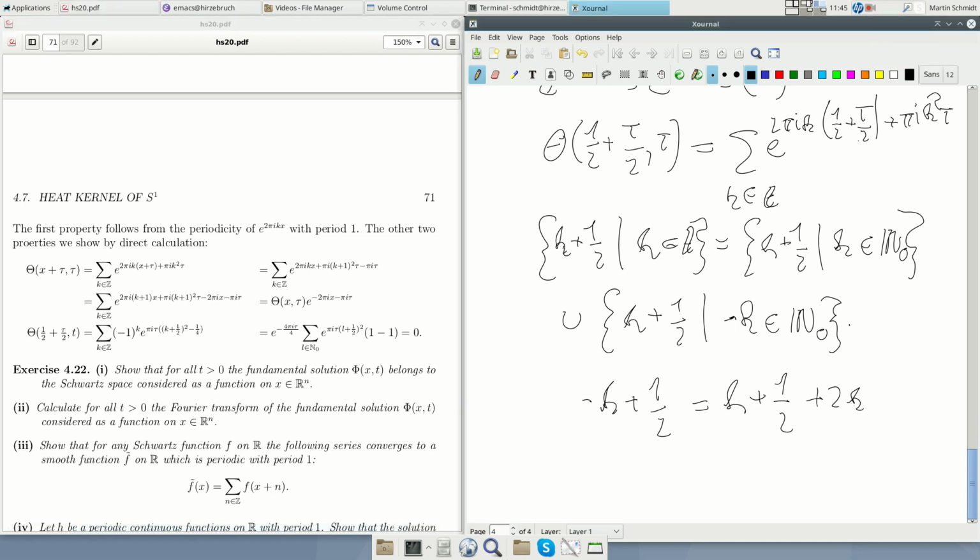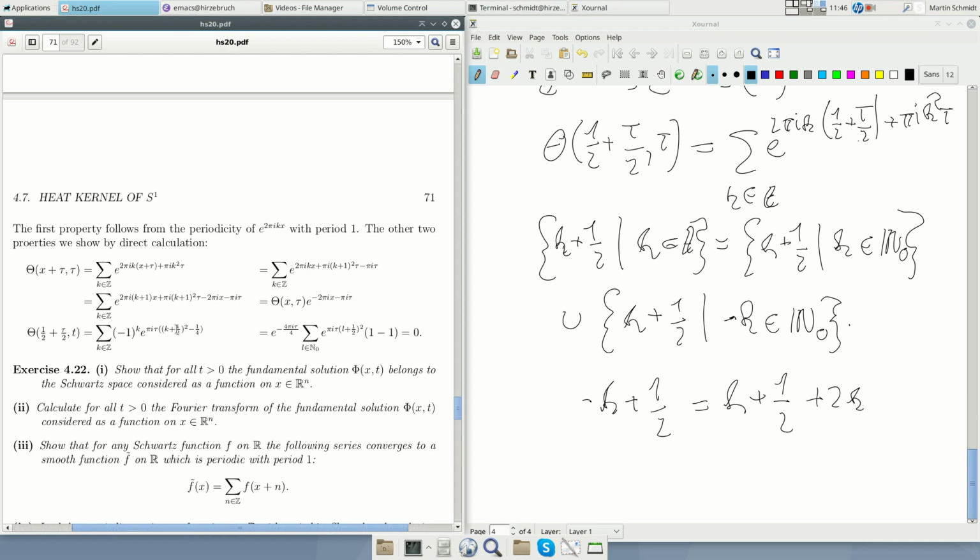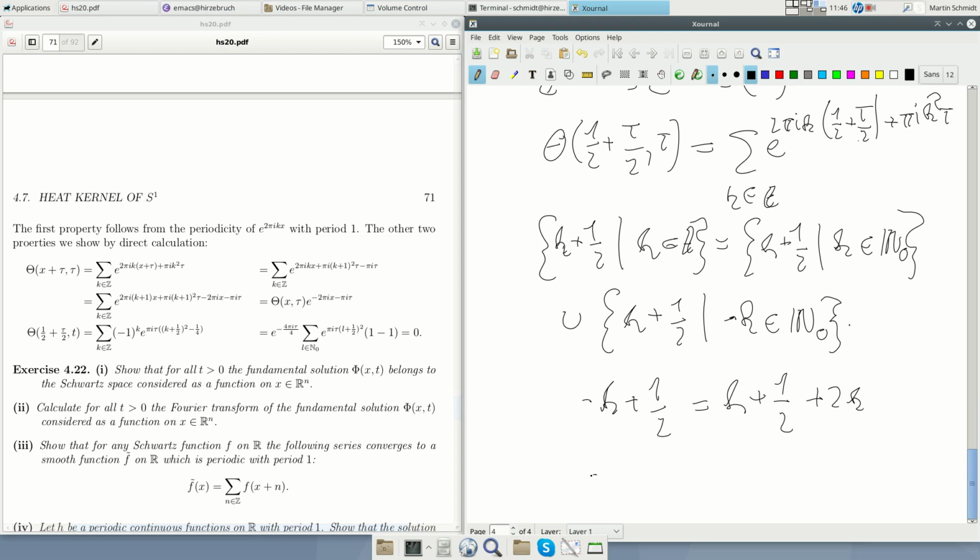But for the square, minus k plus 1/2 squared is of course the same as k minus 1/2 squared, which is the same as k minus 1 plus 1/2 squared.